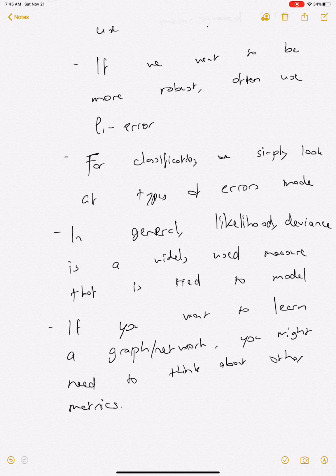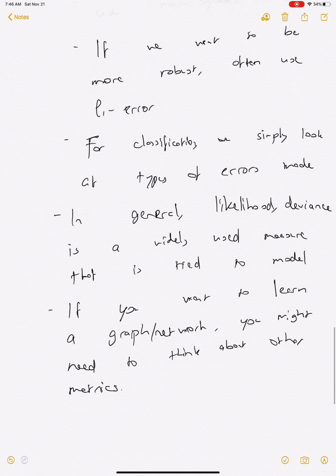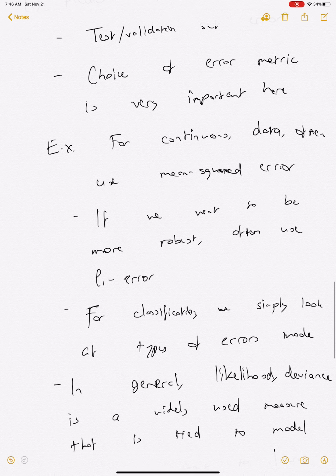So how do you choose that error metric? You don't necessarily need to blindly choose mean squared error, even though that may be the best choice, or if you're doing classification, just a particular error. You can think about different types of error metrics that make sense for your particular application and your particular data, and justify that. So that's the first thing to keep in mind, and prediction is really the first type of validation.